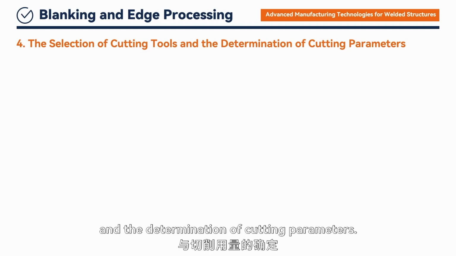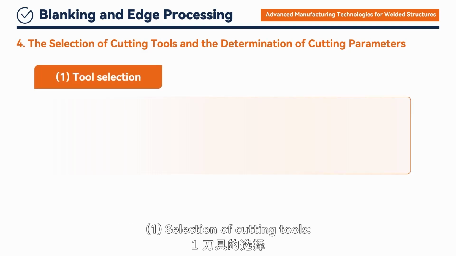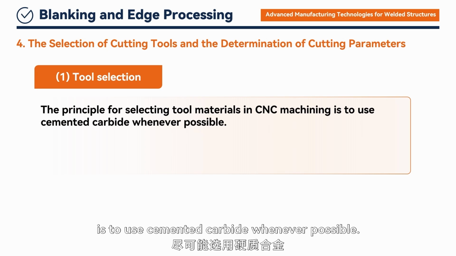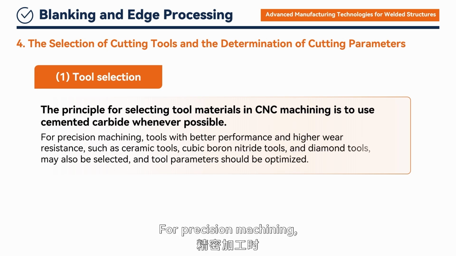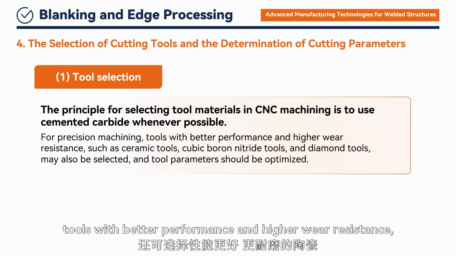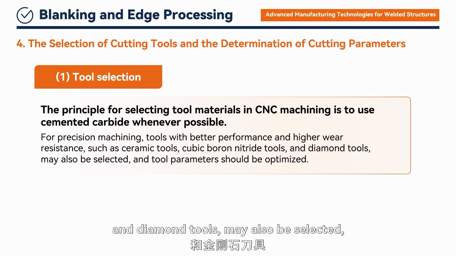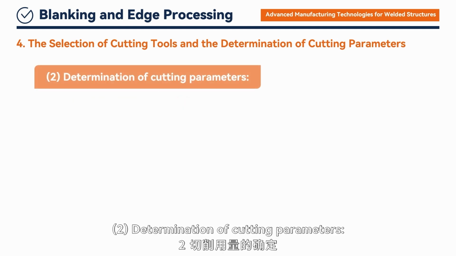Next, we will study the selection of cutting tools and the determination of cutting parameters. 1. Selection of cutting tools. The principle for selecting tool materials in CNC machining is to use cemented carbide whenever possible. For precision machining, tools with better performance and higher wear resistance, such as ceramic tools, cubic boron nitride tools, and diamond tools, may also be selected, and tool parameters should be optimized. 2.